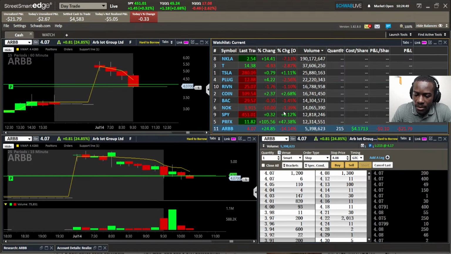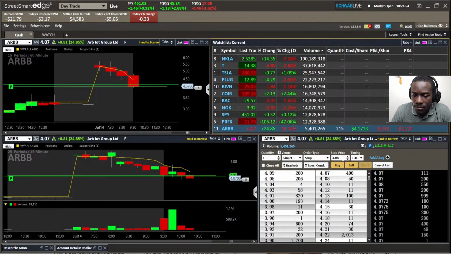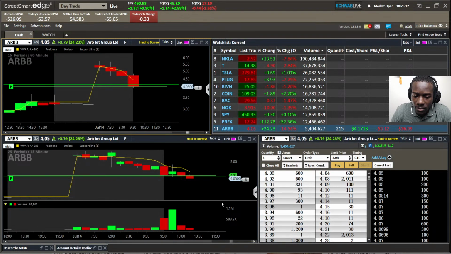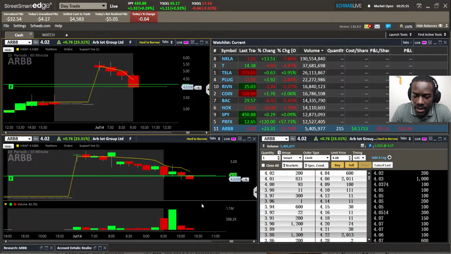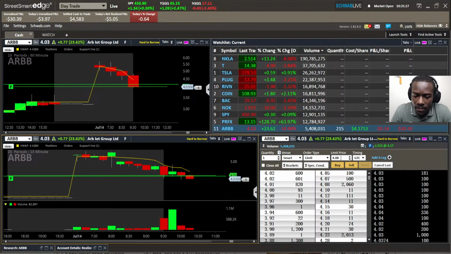Oh, it's getting on down there. $405s. Just not seeing that buying pressure. $402s. Get any buying back up off of this. 401s. See any green?